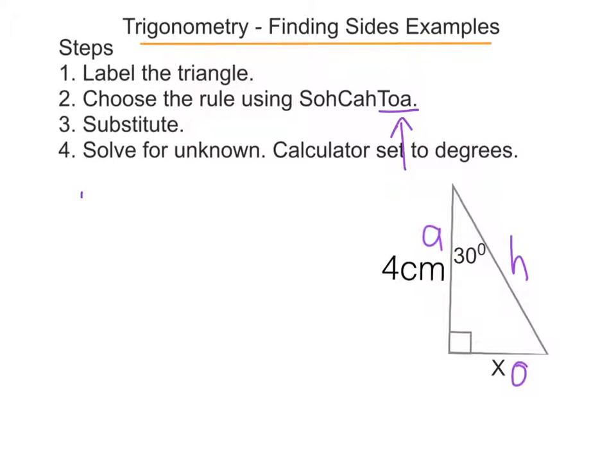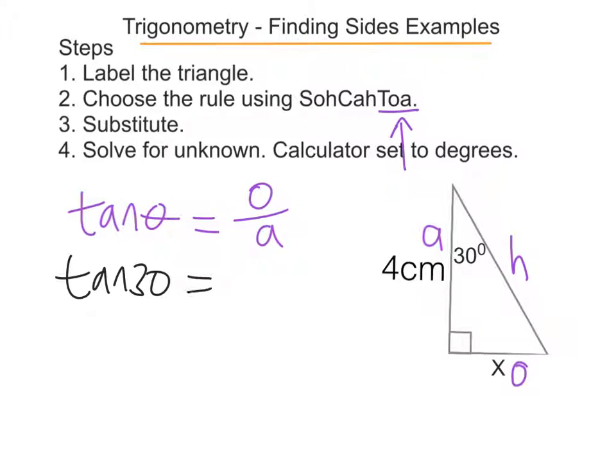So I write the rule: tan theta equals opposite over adjacent. Then I just substitute. Now, theta is 30 degrees. So what I do is I write tan 30 equals opposite over adjacent.